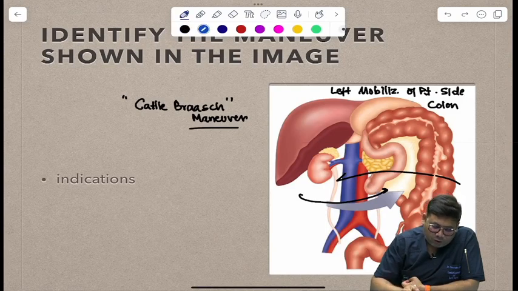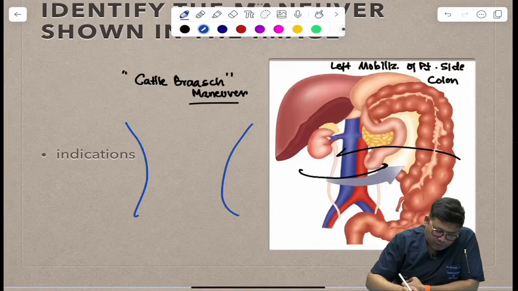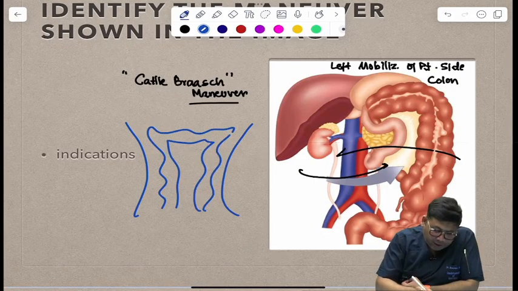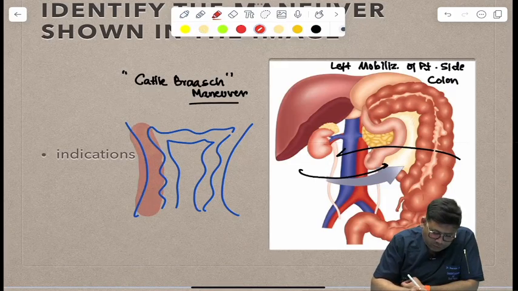And in that image I had asked about Mattox. Again everyone should know that the colon is fixed with the surrounding peritoneal attachments.